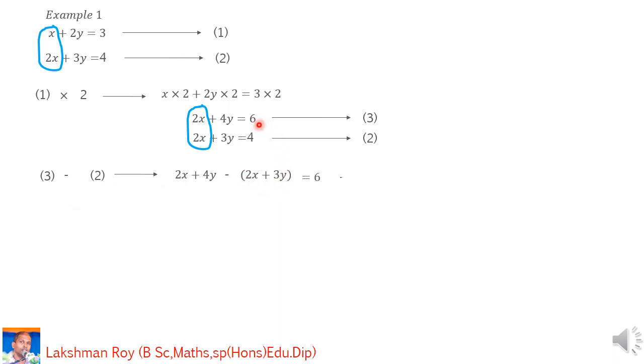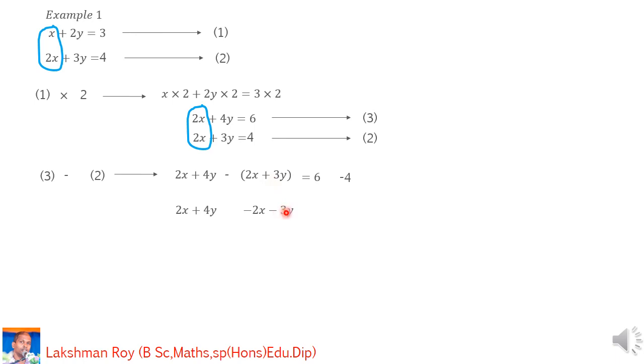Then first you have to remove this bracket, that means by this negative sign you have to multiply the sign of 2x and the sign of 3y. First 2x plus 4y is there, this negative sign multiplied by positive 2x gives negative 2x. Then negative multiplied by positive gives negative 3y. The term is not changed, only the sign changes.